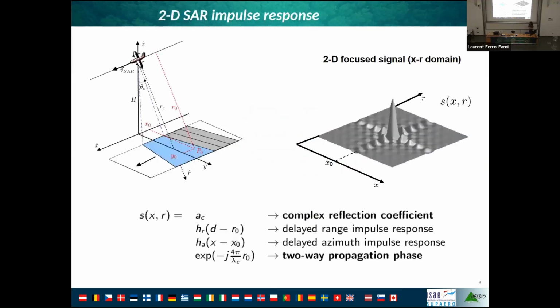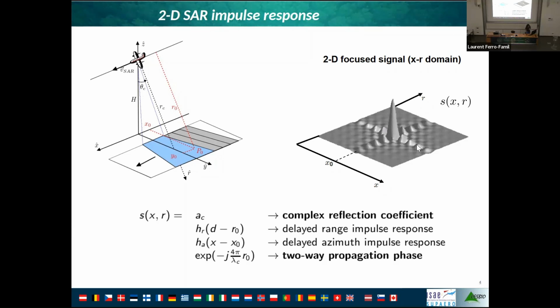Okay, so if we go back to the physics of radar, you know that synthetic aperture radar is based on a radar which is operated along a trajectory. Along this trajectory, the radar periodically emits and receives waveforms. And by coherently combining waveforms and focusing them in distance and in azimuth, in case of a nice response, you will get a point-like scatterer.